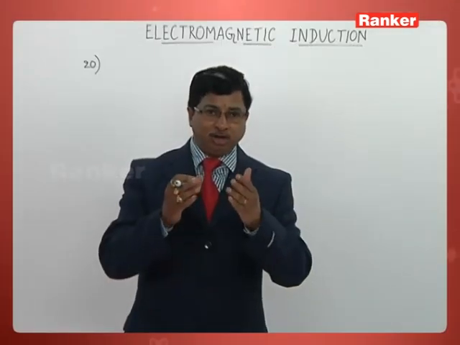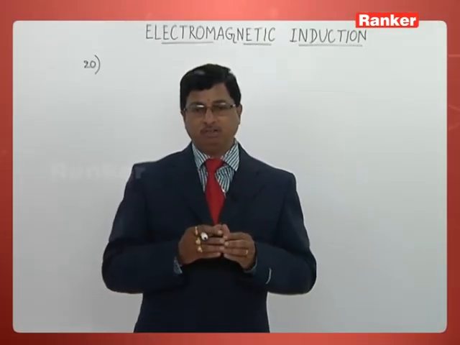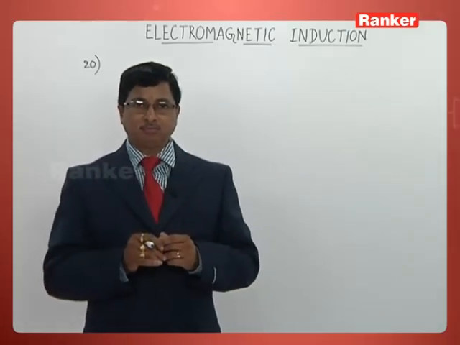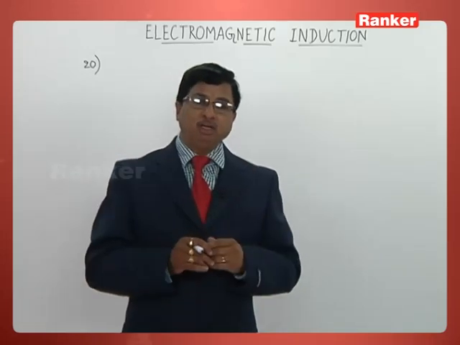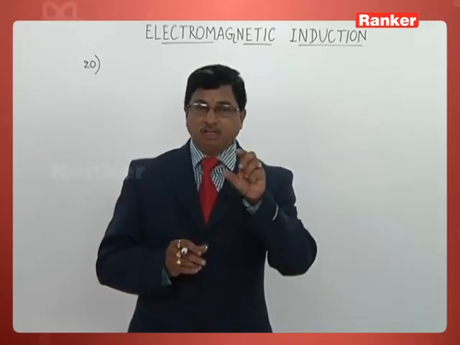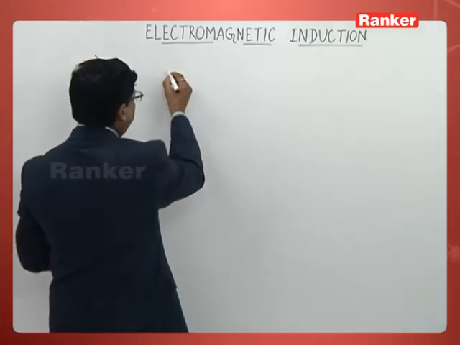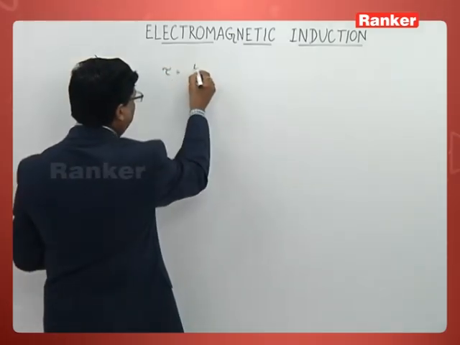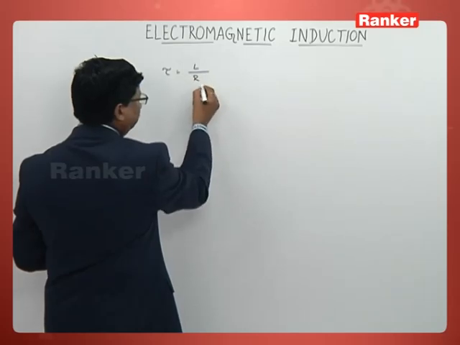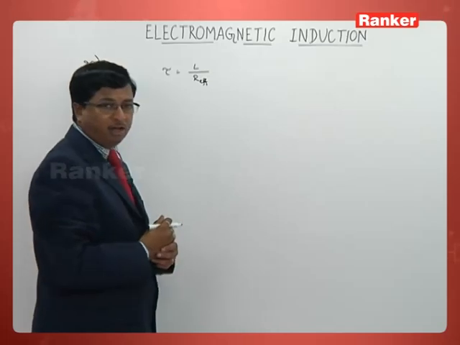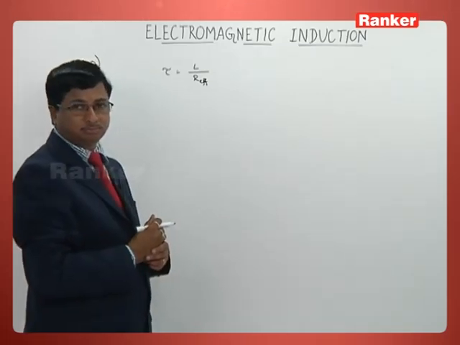But what we should understand first of all is that this is an LR circuit. What is the time constant in the case of an LR circuit? Tau is equal to L by R, and that R in this case is to be taken as R effective.